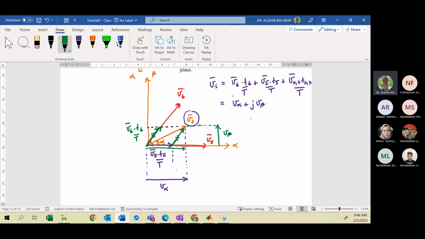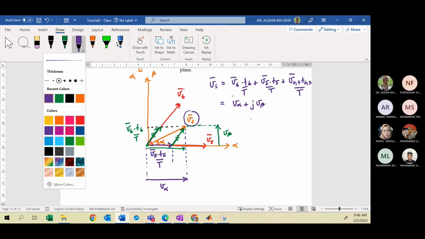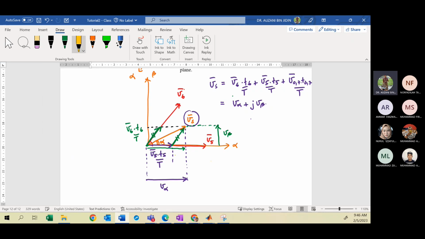To calculate V alpha, you need to identify or obtain this component of vector. So maybe I use what color? This color, yellow color. Right. Because V alpha, you sum between V5, T5 per T, and this component vector.